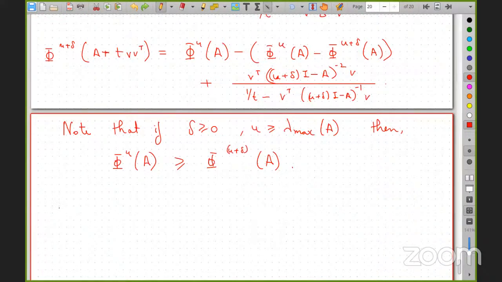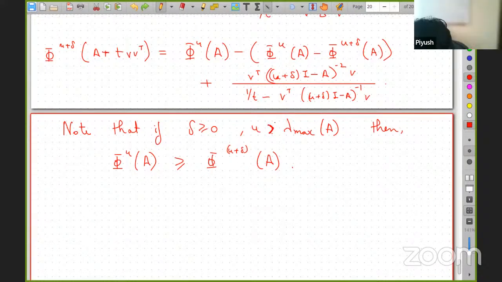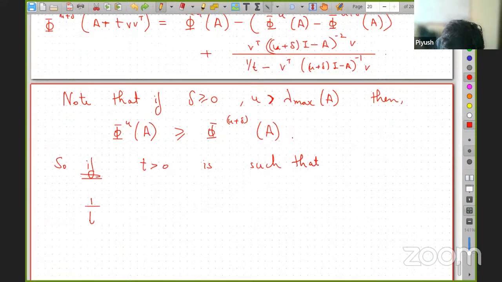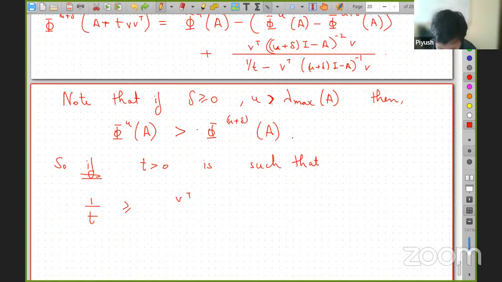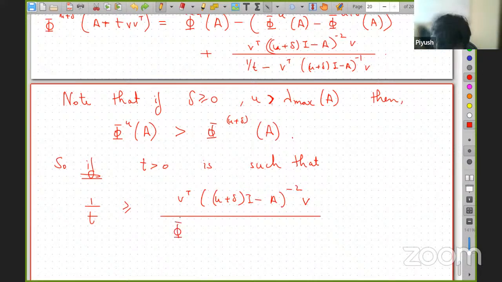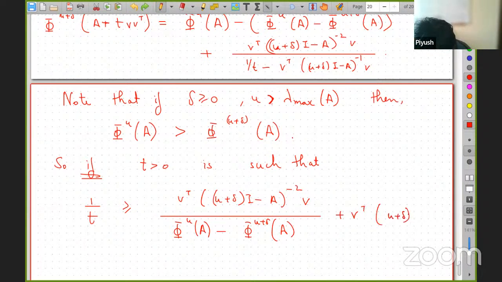So now if t greater than 0 is such that 1 over t is greater than V transpose (u plus delta I minus A) to the minus 2 V divided by (phi u of A minus phi u plus delta of A), plus V transpose (u plus delta I minus A) inverse V.